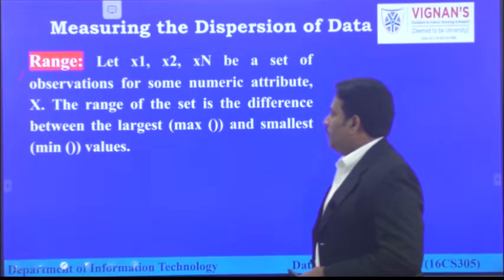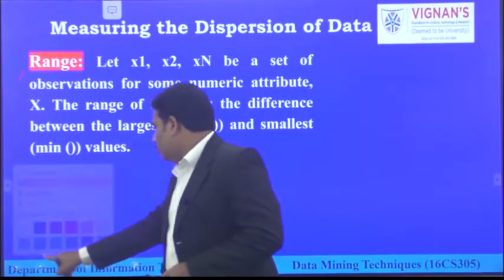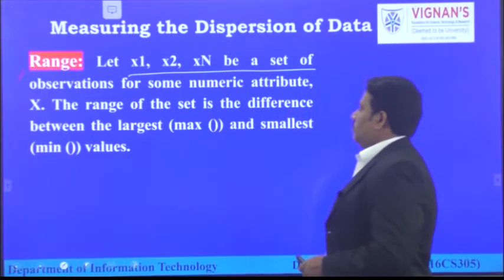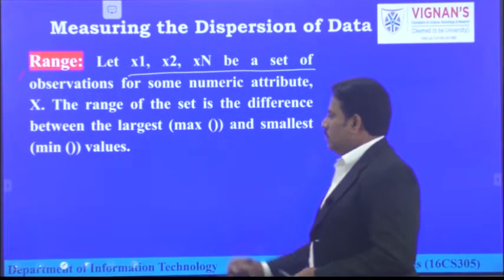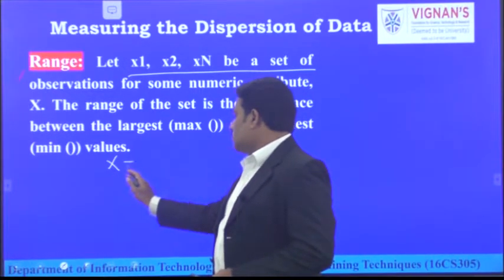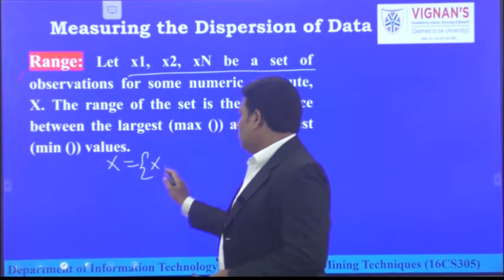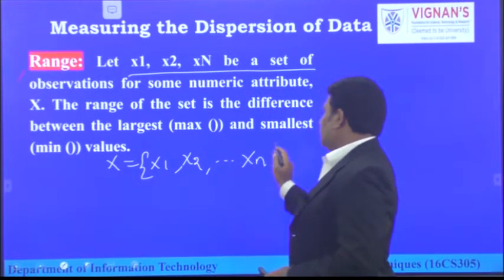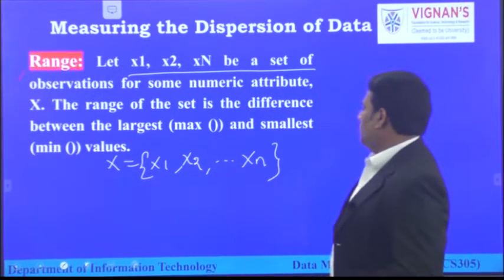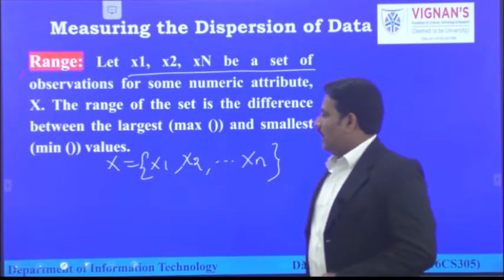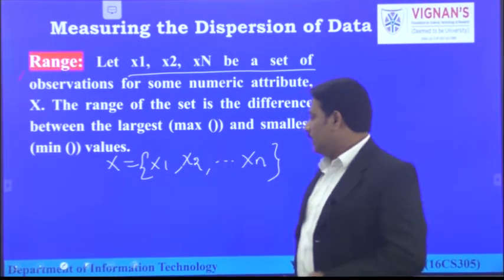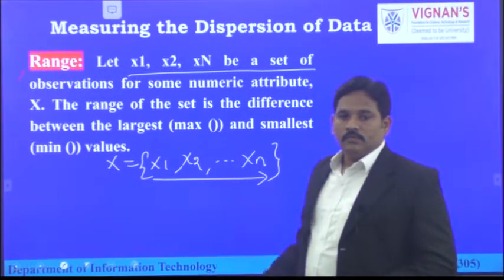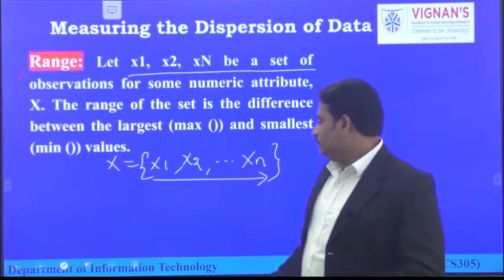Let us assume we have values x1, x2 and so on up to xn, a set of observations for some numeric attribute called x. That means x is an attribute, and under x we have values like x1, x2 up to xn. Now the range of that set is the difference between the largest value and the smallest value. Let us assume we arranged all these values in ascending order.